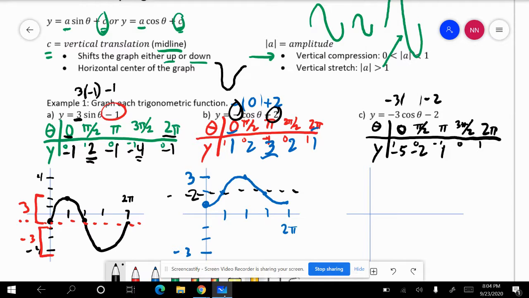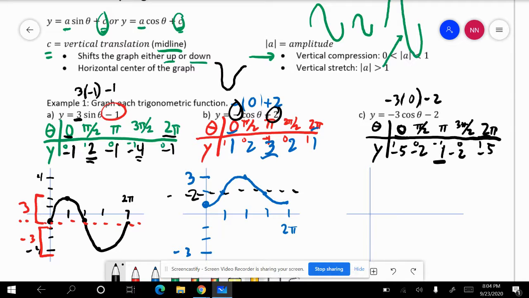Then we plug in the cosine of 3 pi over 2, which is 0. -3 times 0 is 0, minus 2 is -2. Remember that 0 and 2 pi are always the same, so this is -5.